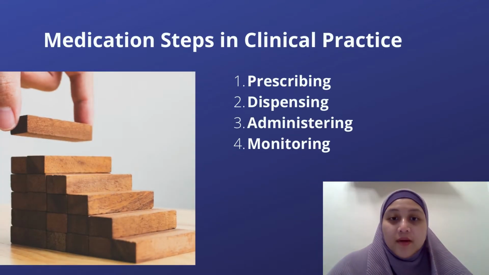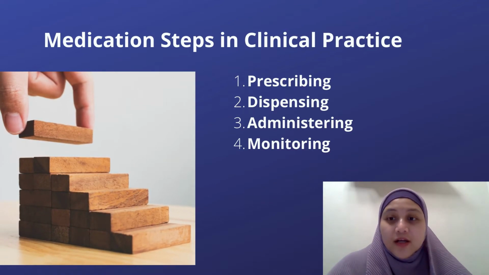This is just a recap about medication steps that you have learned in introduction video. The medication steps involve prescribing, dispensing, administering, and lastly, monitoring. Errors could occur in any of these steps.